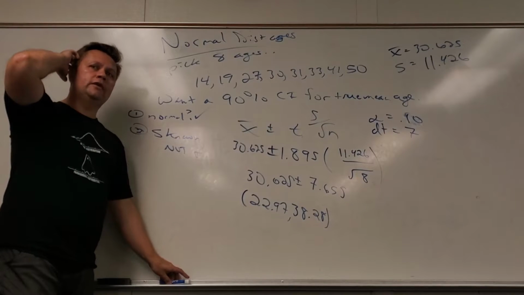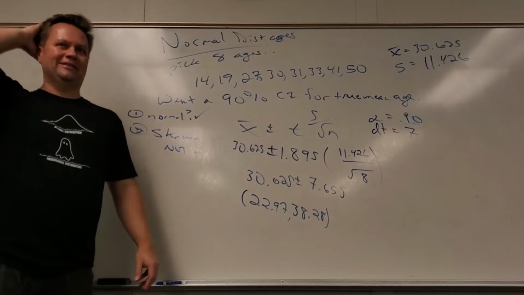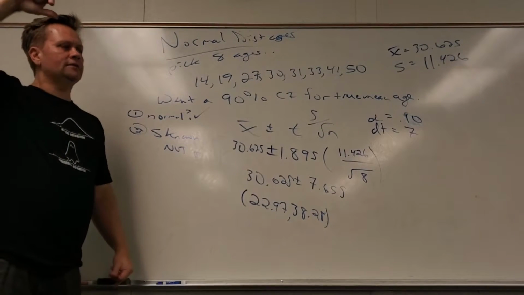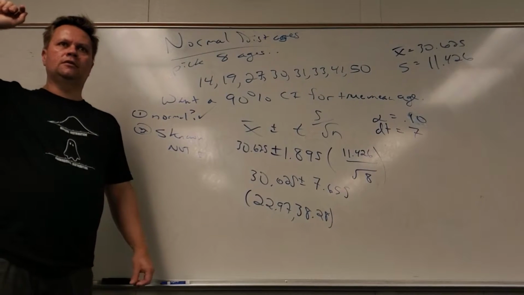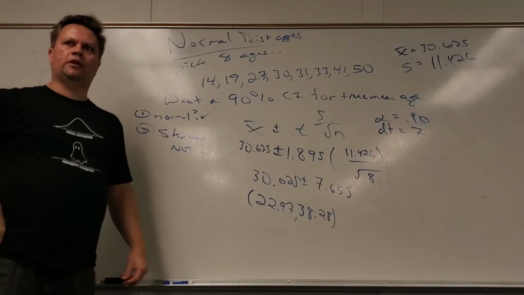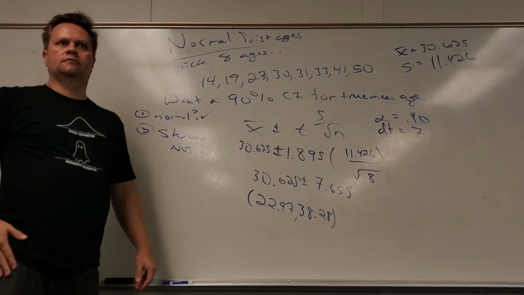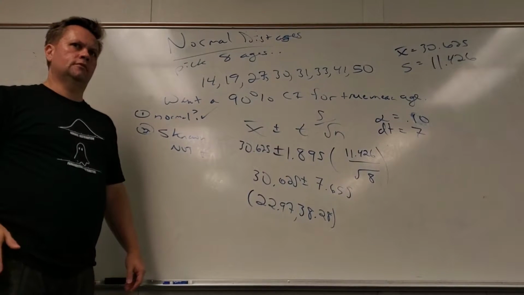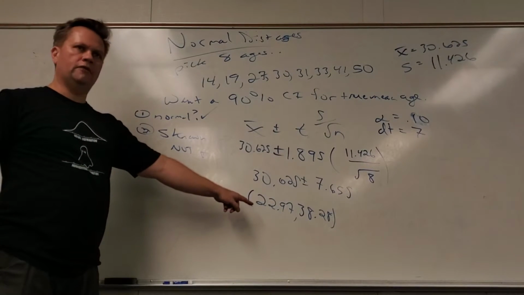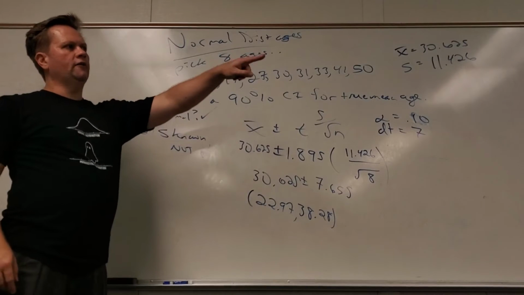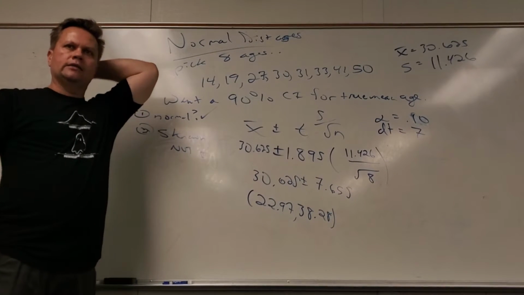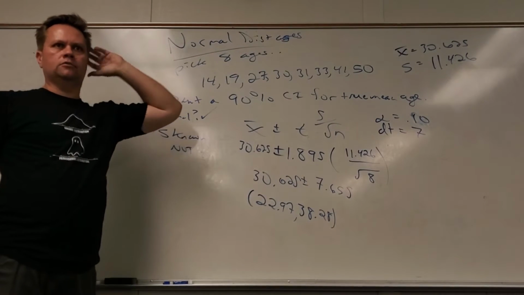Is that evidence that this population has an average age below 40? Because the whole confidence interval is before 40. Is that evidence that this population has an average age greater than 25?